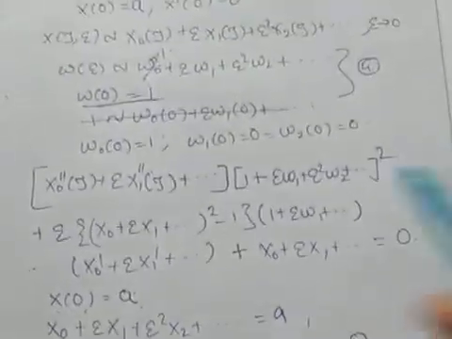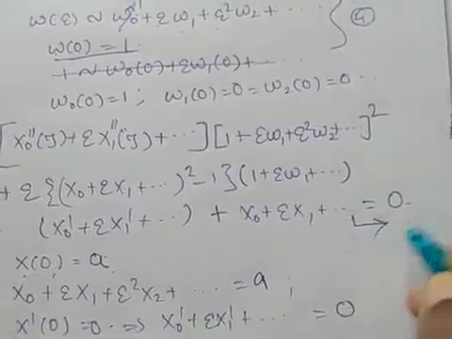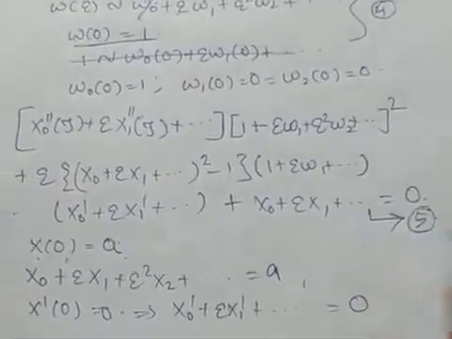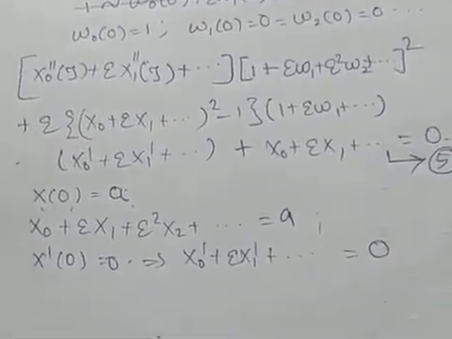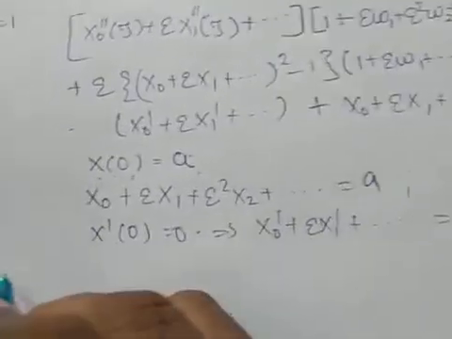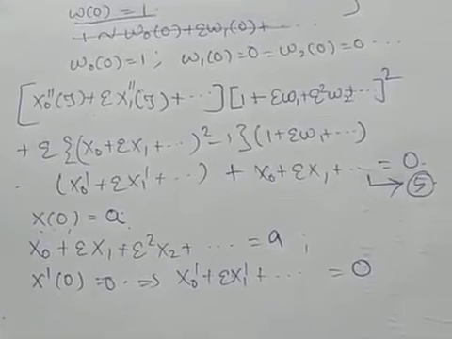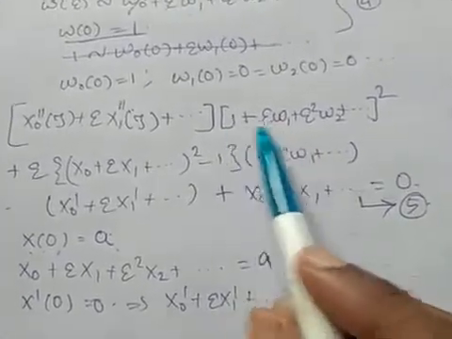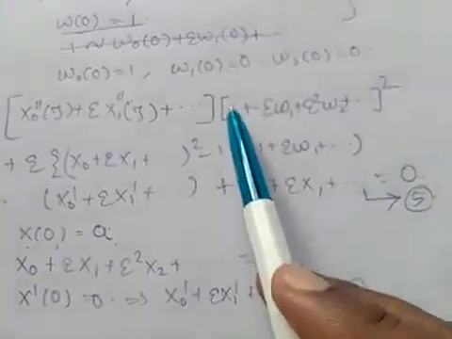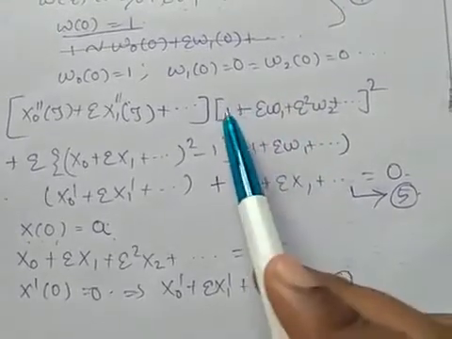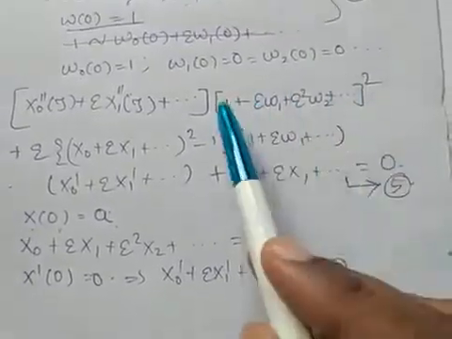Now, in this equation, which is equation 5, we are going to equate the coefficients of epsilon to the power 0. So what are the terms we are having in epsilon to the power 0? When we expand it, the first term will be 1 into 1.